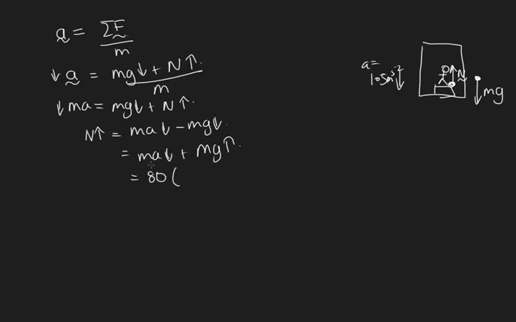You can take the 80 kilograms out as a common factor, and we've got 1.5 downwards plus 9.8 upwards. So this is 9.8 minus 1.5 upwards, and so this gives us 80 times 8.3, which is equal to 664 newtons upwards.